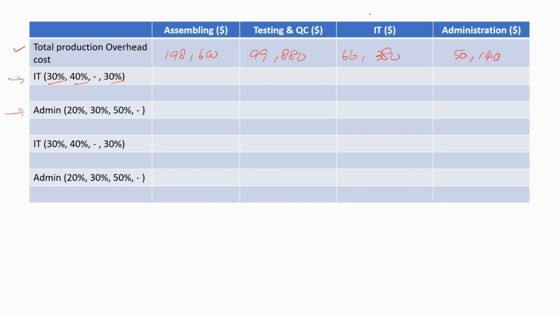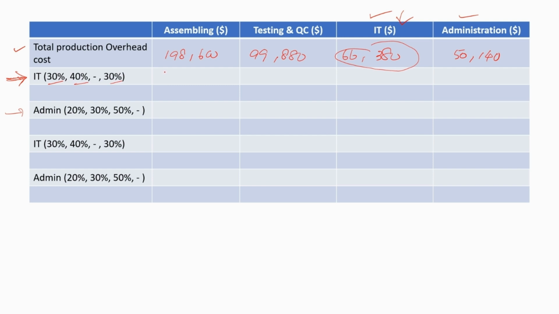This is how we are going to do this. You can select any service cost center first. In this example, I select the IT service cost center. So here is the IT service cost center. What we are going to do is distribute this amount among other cost centers using the percentage values given.